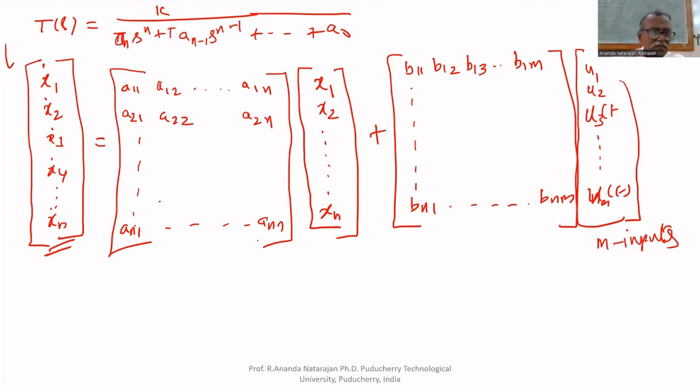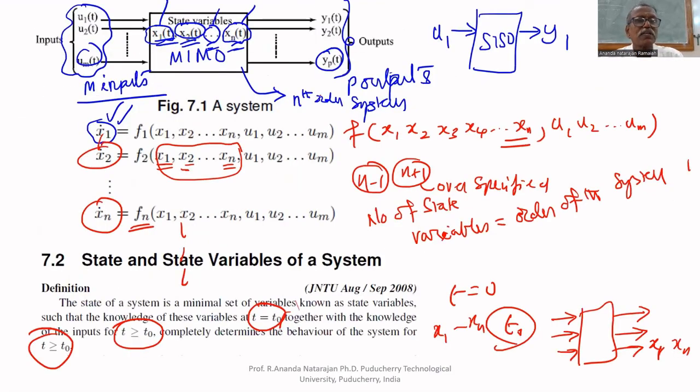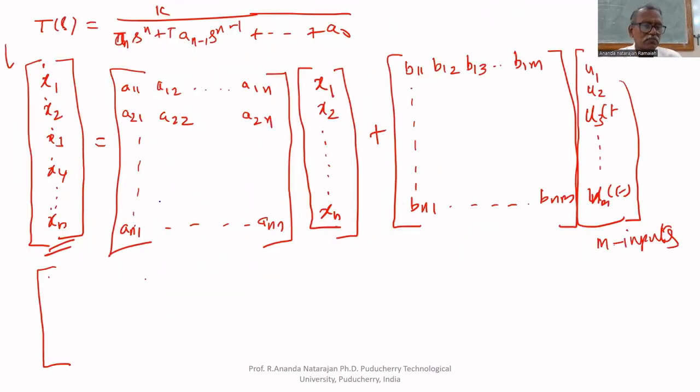We can write the outputs in terms of these state variables. How many outputs do we have? p outputs. How do we write these p outputs?